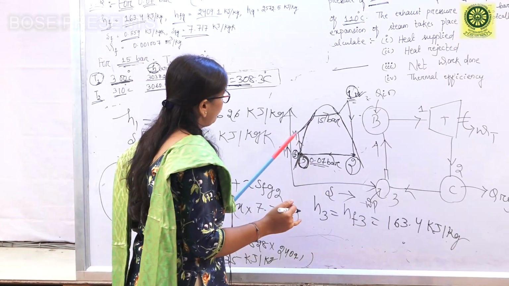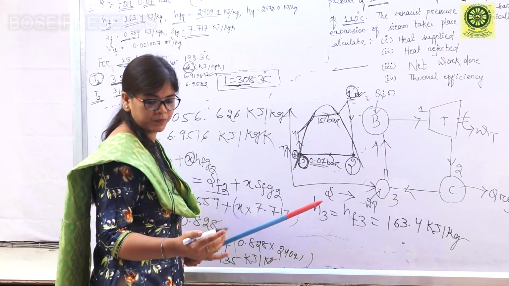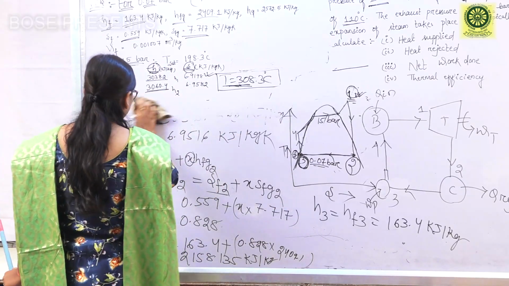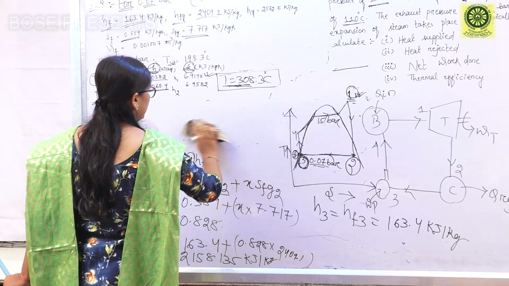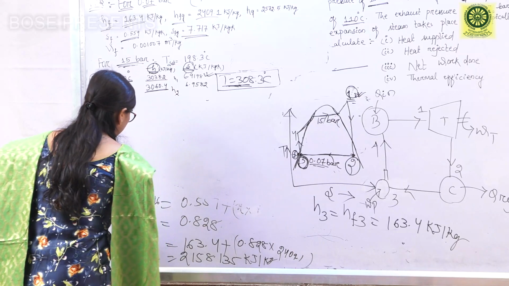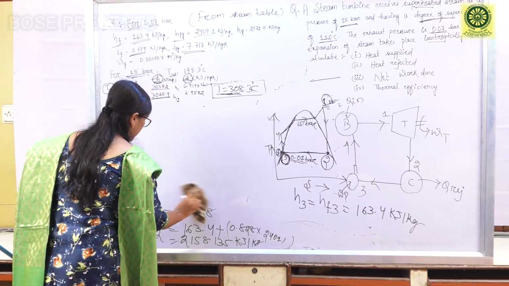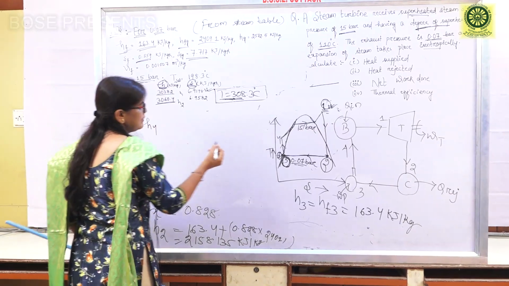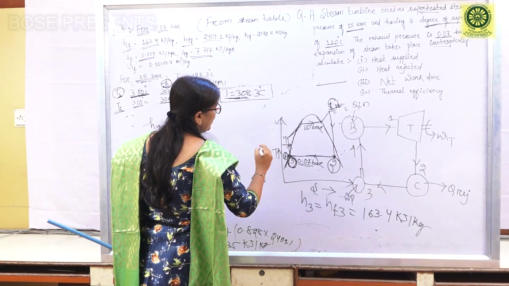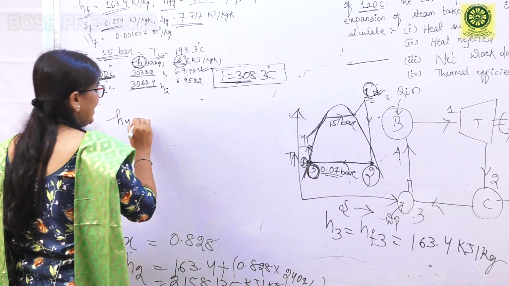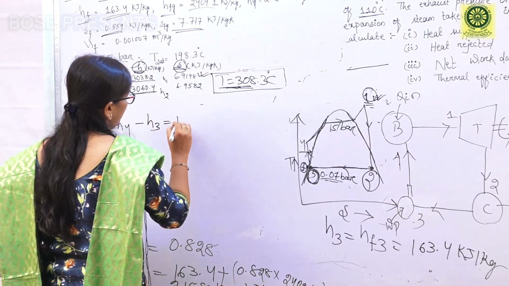Then I am going to find H4. For H4, this is your pump work. 3 to 4 is your pump. H4 minus H3 is your pump work.